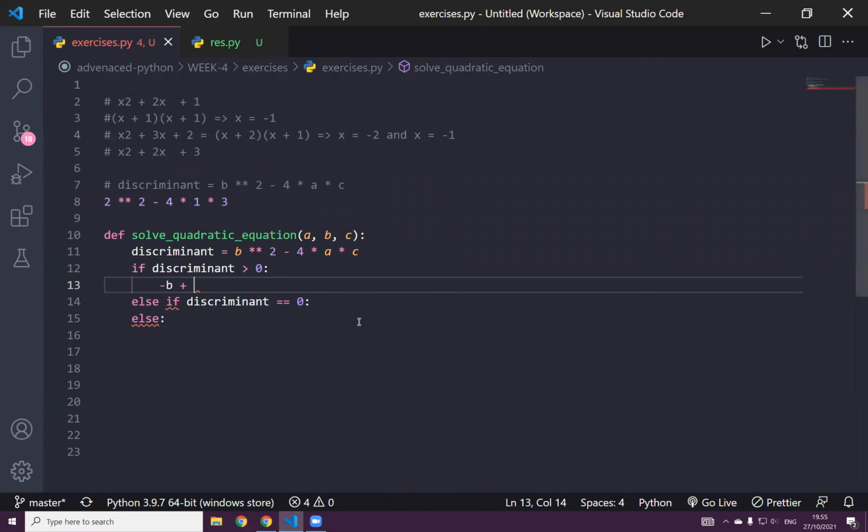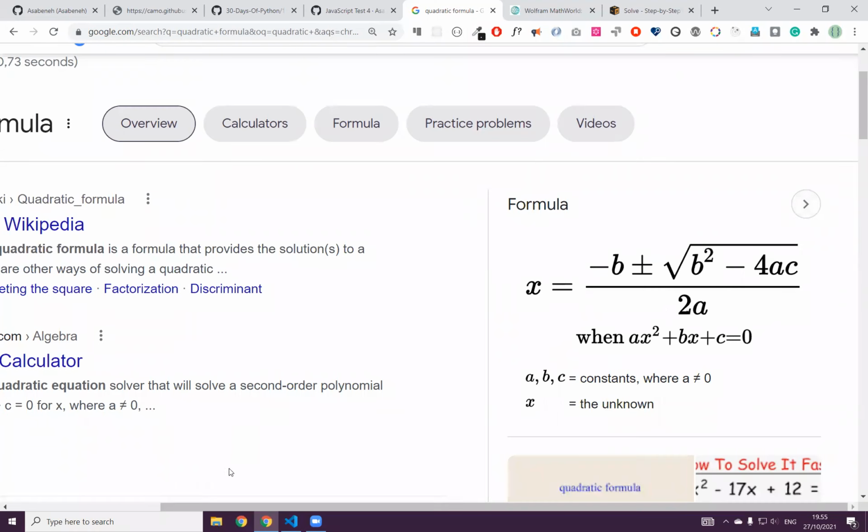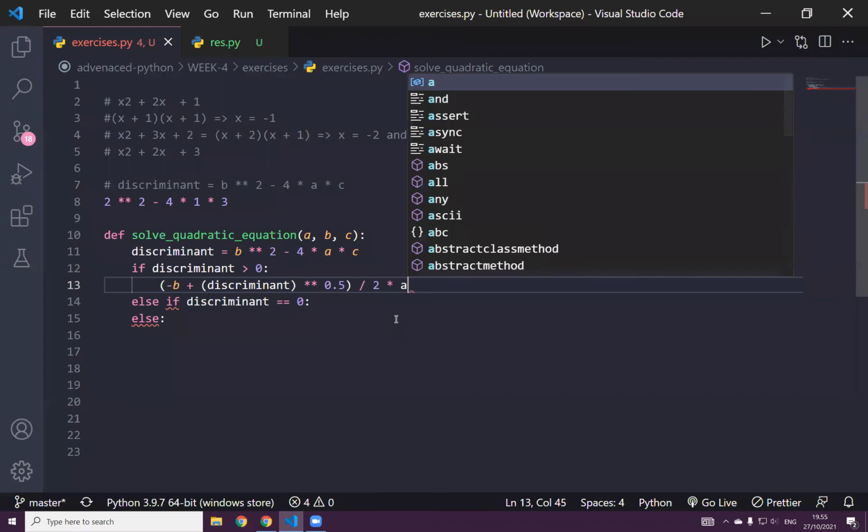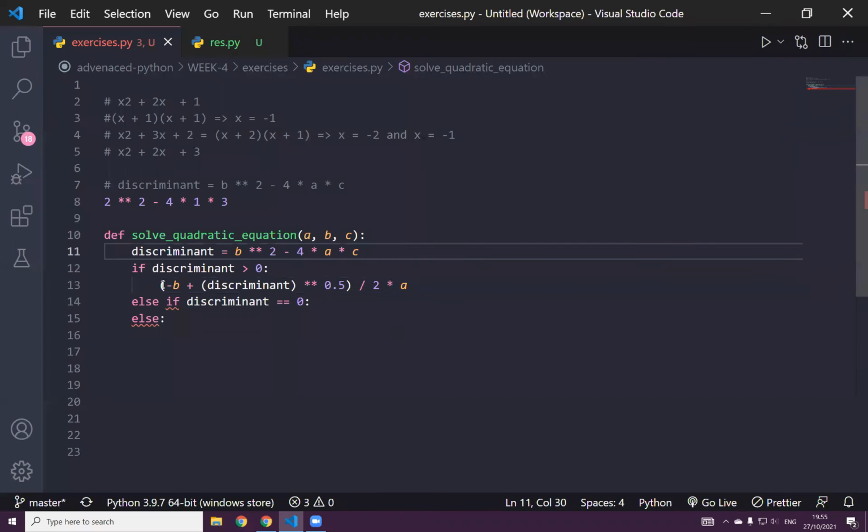I can say discriminant, and then if I just do this 0.5, that's the power. And then I can again do this, enclosed and divide by 2a. Then 2 times a. And this is one of the solutions.